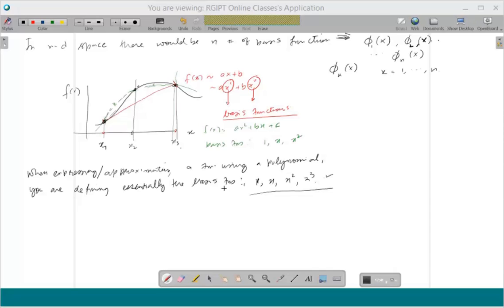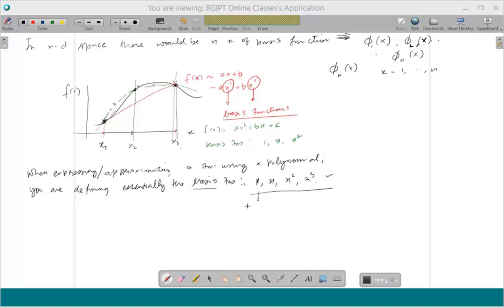There can be all different kinds of basis functions. i, j, k need not be the only way you can represent. There can be other reference directions in terms of which you can show a position vector. Similarly, you can have a bunch of different kinds of basis functions, and which basis function to use is where the trick lies. We'll come to that, but let me first elaborate more upon the basis functions.